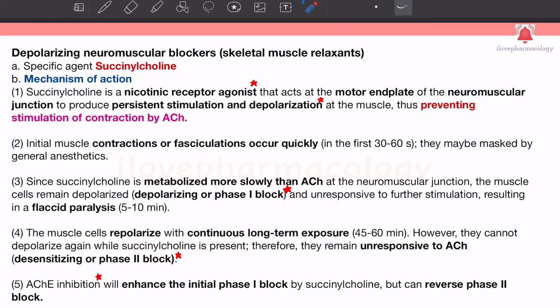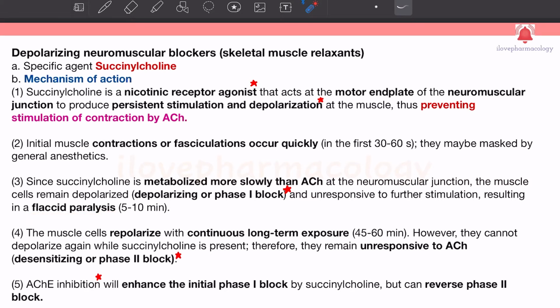Following the initial stimulation, you will see contraction and fasciculation. Since it is metabolized more slowly at the neuromuscular junction, the muscle cells remain in a depolarized state. This is called depolarizing or phase 1 block, which is unresponsive to further stimulation, leading to flaccid paralysis.